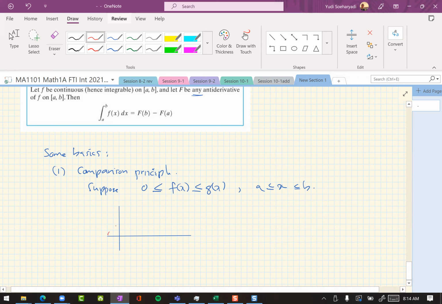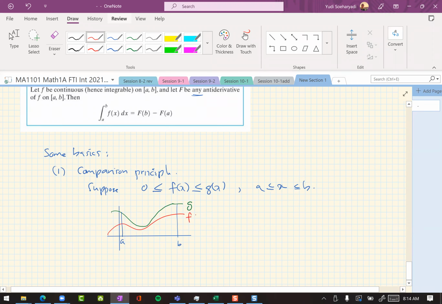And we have A and B here. So the green one is G, and the red one is F.